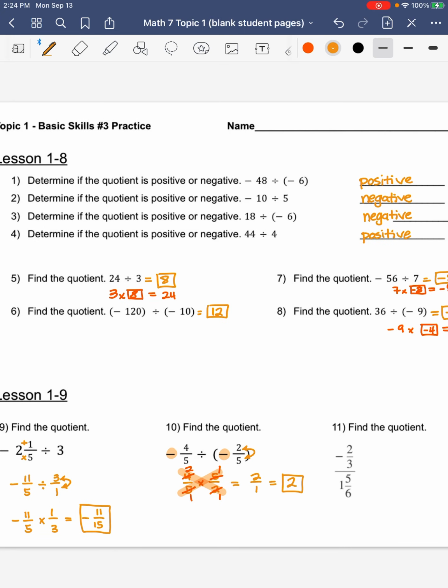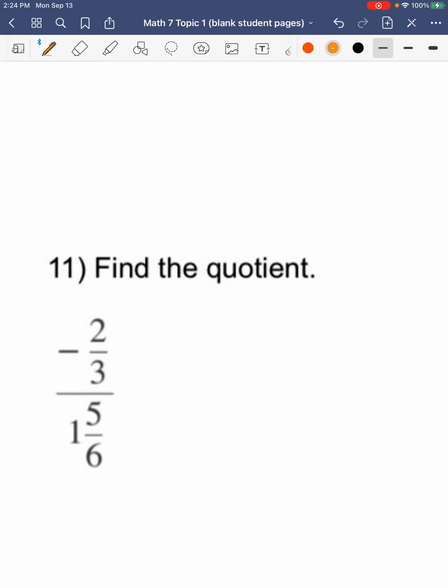Okay, moving on to number 11. Find the quotient. So I'm first going to rewrite this with division instead of this really big complex fraction. So right there where I just drew that orange line, that's where our division symbol goes. So we have negative 2/3 divided by 1 and 5/6.